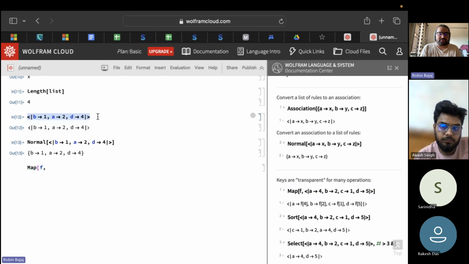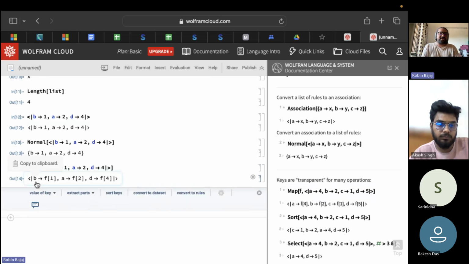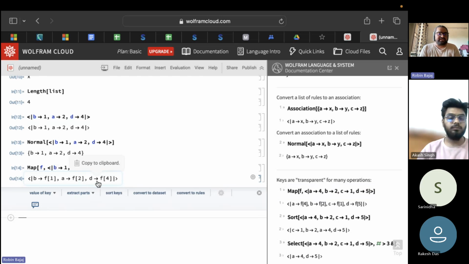The map will be applied to the values that have been assigned to the elements in the association. So F would go to 1, 2 and 4. Now B is mapped to F of 1, A is mapped to F of 2, D is mapped to F of 4.